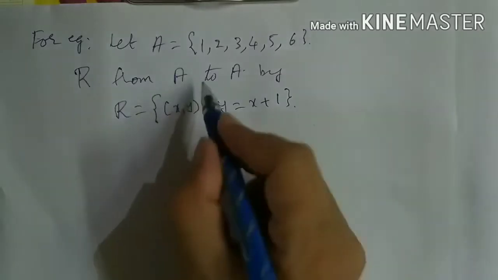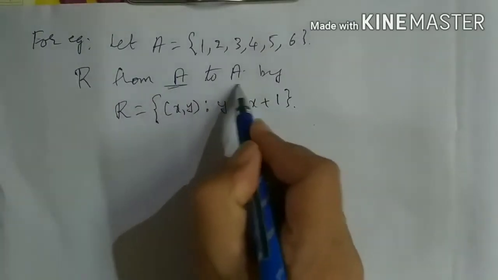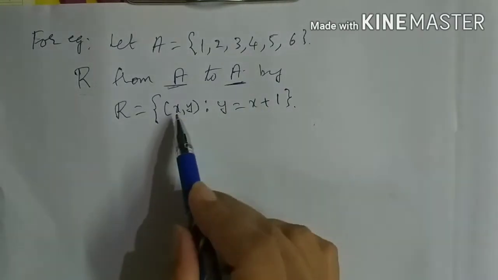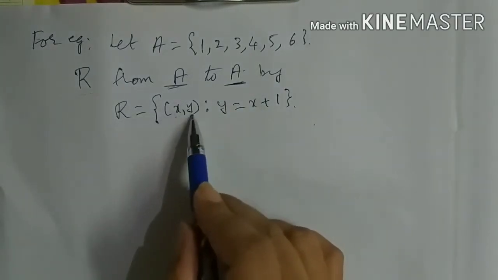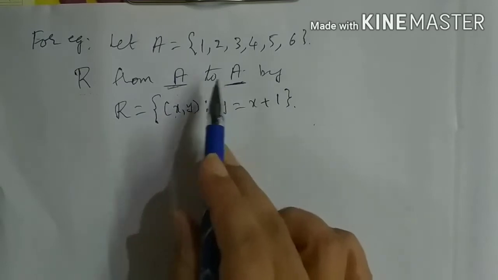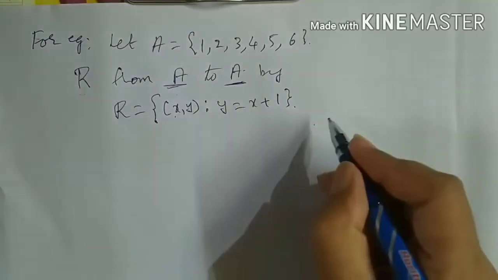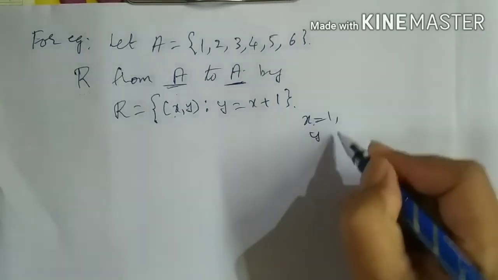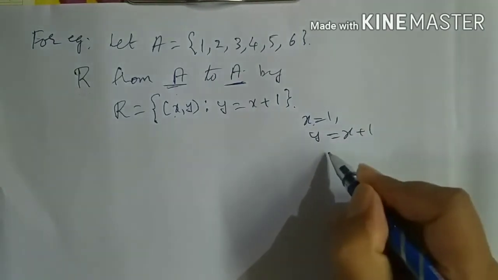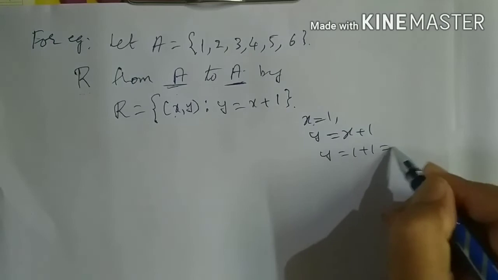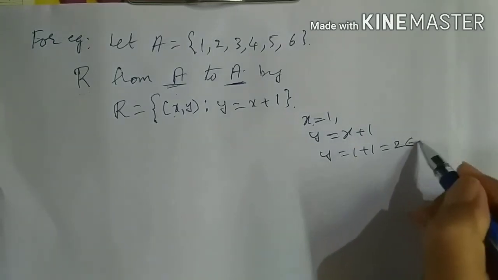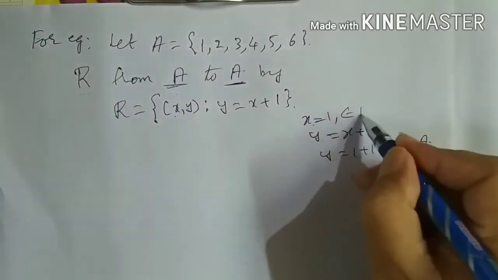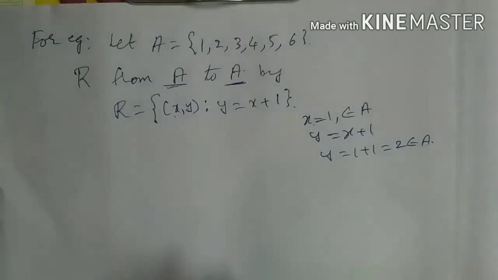So here the relation is defined from A to A. That means both x and y should belong to the set A. Let us consider x = 1. So y = x + 1 means y = 1 + 1 = 2, which definitely belongs to A. Even x also belongs to A.